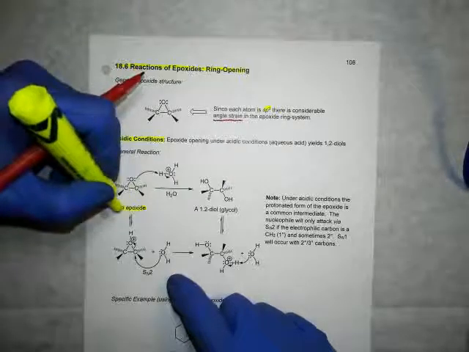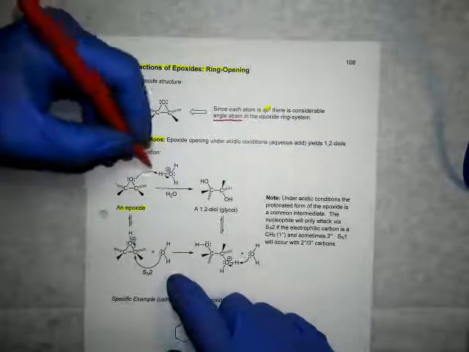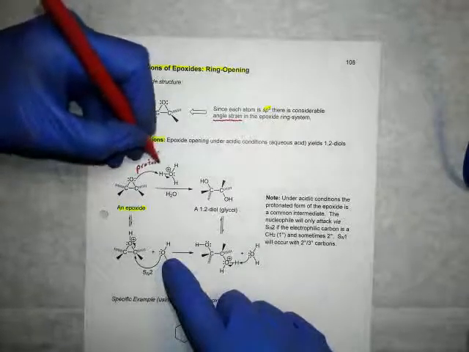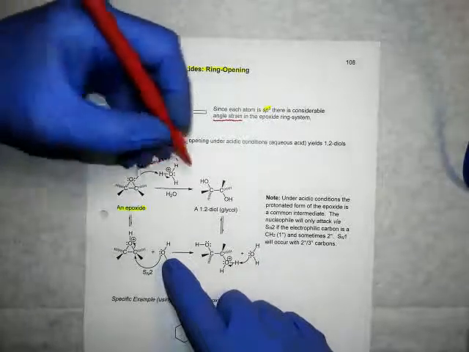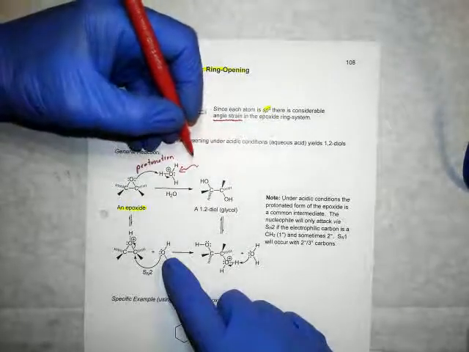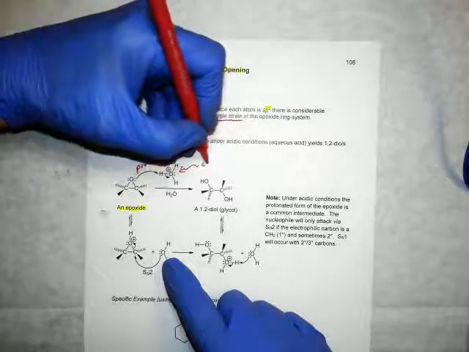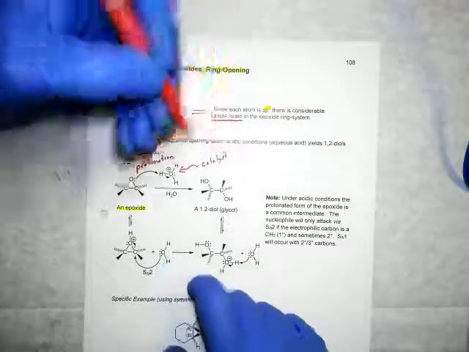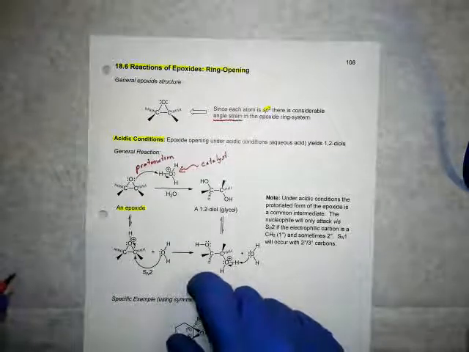So we start with the epoxide. The next thing we do is protonate. It's called protonation. Now keep in mind, this is a Bronsted-Lowry acid, and this is a catalyst. You only need a little bit of this, and so at the very end, the catalyst is going to have to come back.